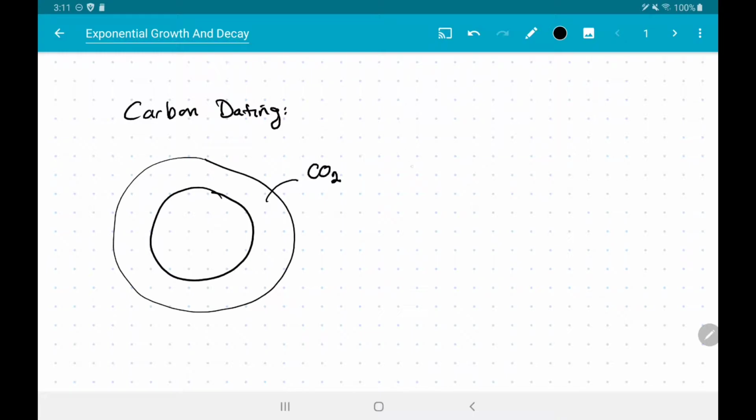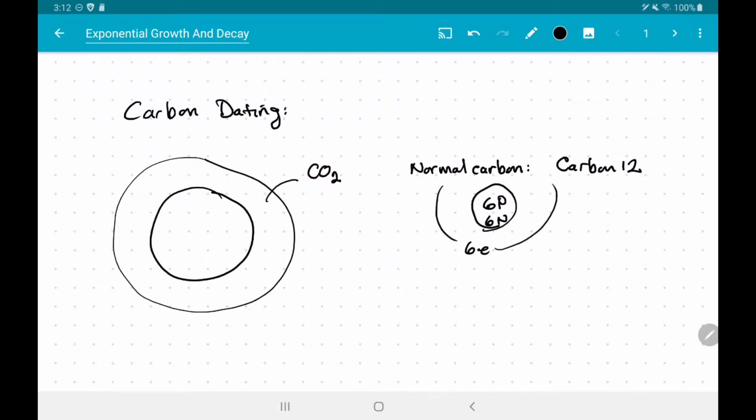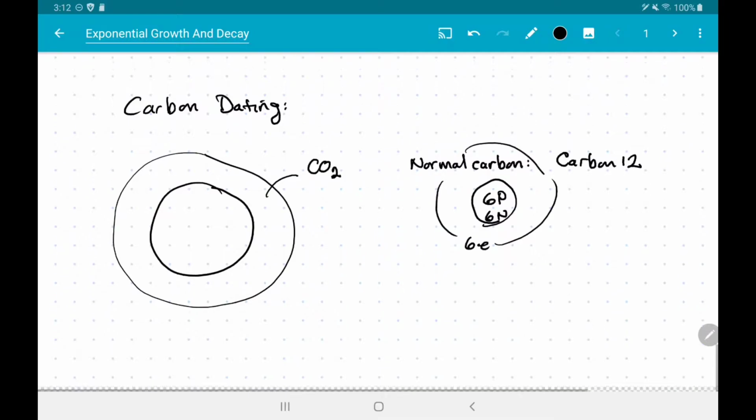Most carbon, normal carbon, is of a type called carbon-12. What that means is that it has 6 protons and 6 neutrons in its nucleus, and then it has 6 electrons bound to it for chemical reaction purposes.